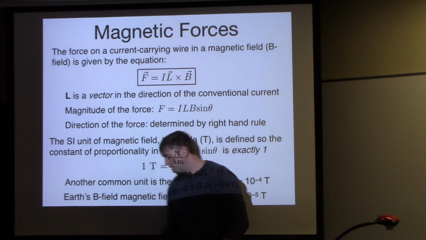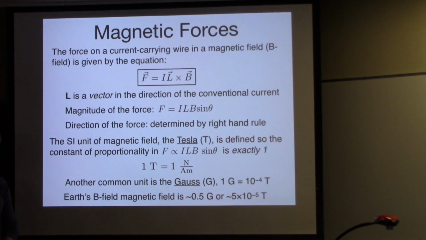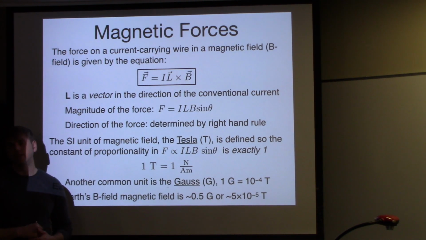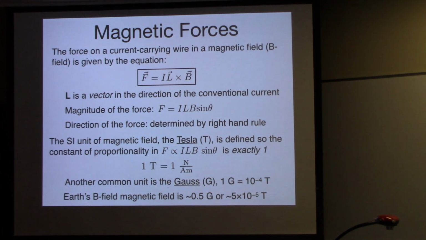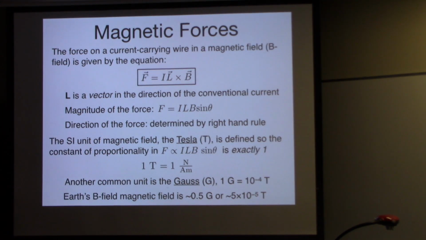Okay, so at this point, we've talked about magnetic fields, but we haven't quite said how we measure them. We haven't talked about the units that we measure the strength of a magnetic field using. So let's get to that now. It turns out the SI unit of magnetic field is called a Tesla, given by capital T, and this unit is defined in the following way.